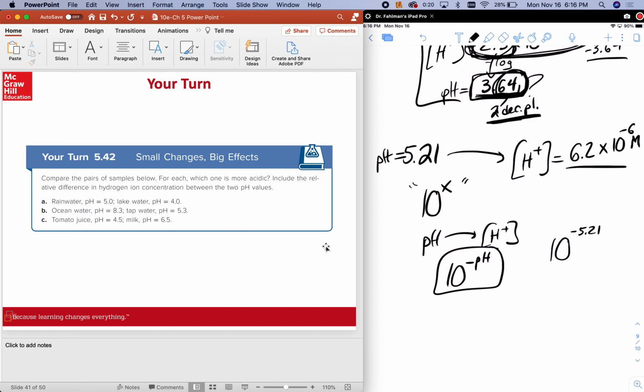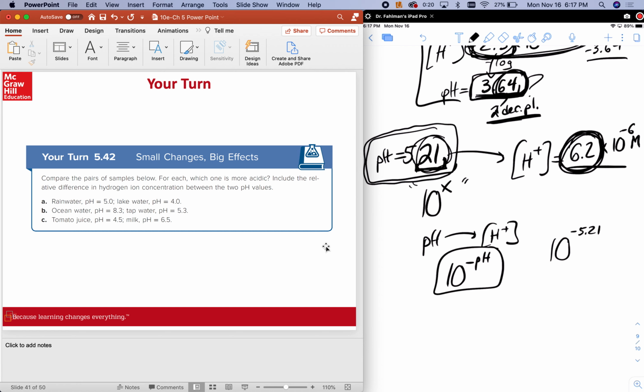Okay, and again, your pH has 2 decimal places, so you should have 2 sig figs in your answer. Okay, so always look with pH, it's all about the decimal places. Concentration, it's all about sig figs. Okay.